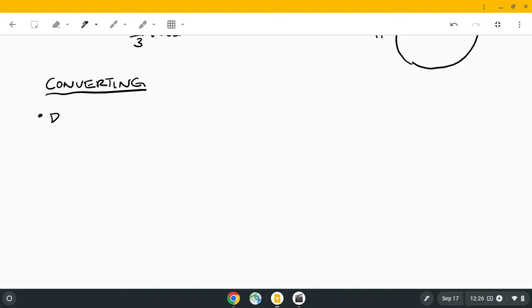So when you're converting degrees to radians, if you know what you're trying to convert to, like radians, that will tell you what you're going to be multiplying by. So if you're converting degrees to radians, then you are going to multiply.